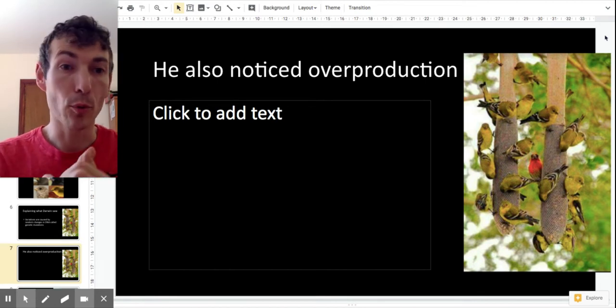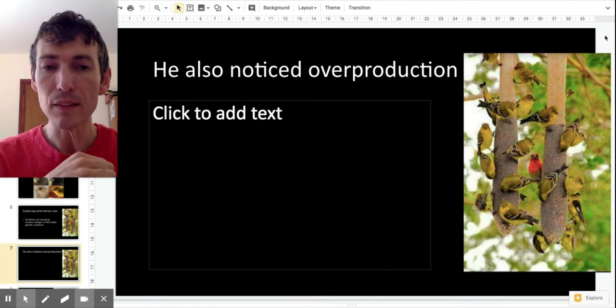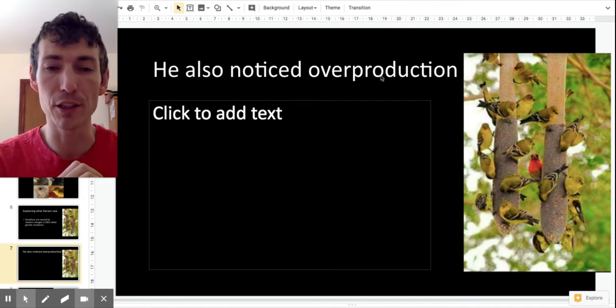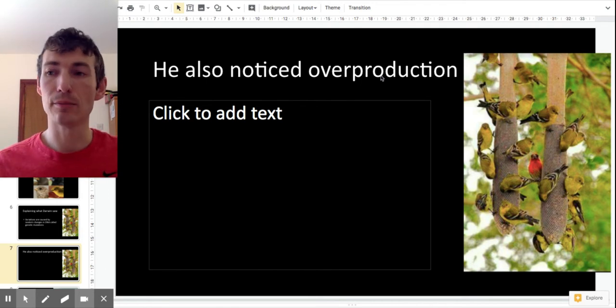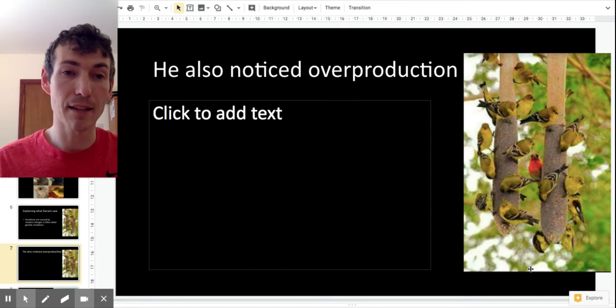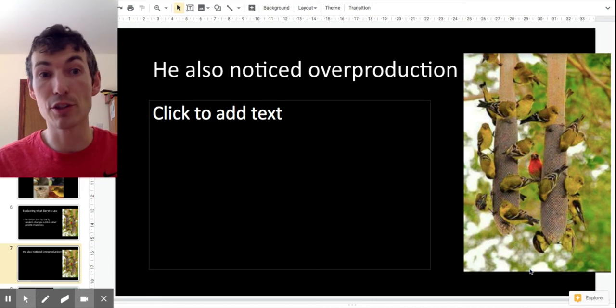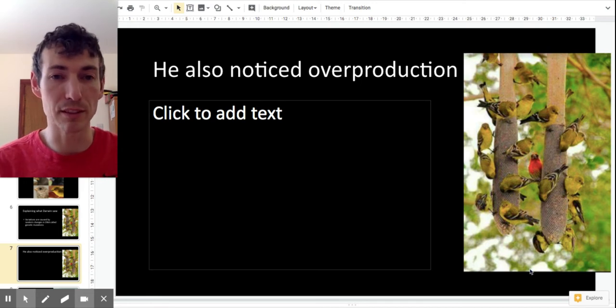Okay, so step one, he knows variation. Step two, he noticed what is called overproduction, sometimes also called overpopulation. And this means that, let's say, a bird in this case has many offspring. So over the lifespan of some particular birds, they might have 20, 30, or even more offspring themselves.